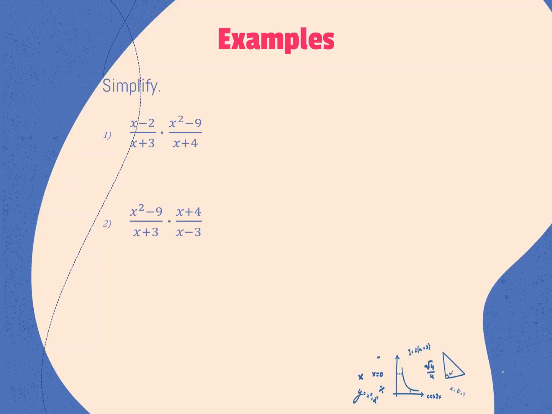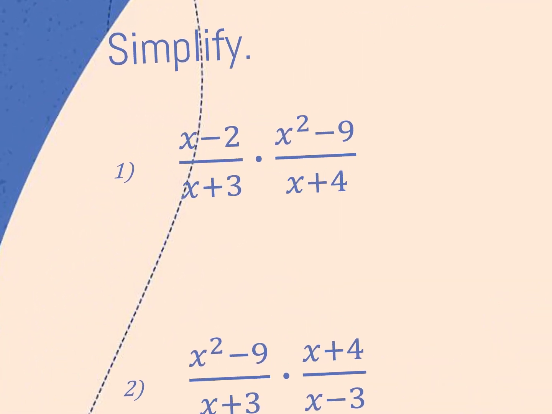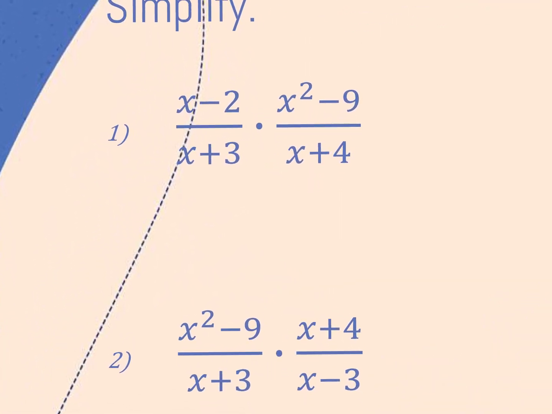All right, the first example is multiplication. So what I need to do here is factor. There's only one thing, luckily in this one, that needs to be factored, and it's the numerator of this second fraction. That numerator is the difference of two perfect squares.